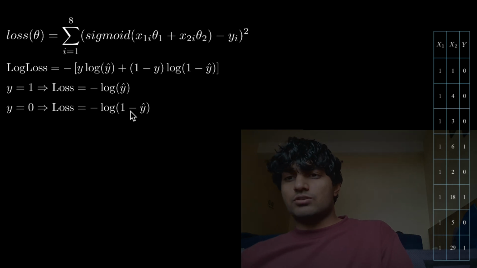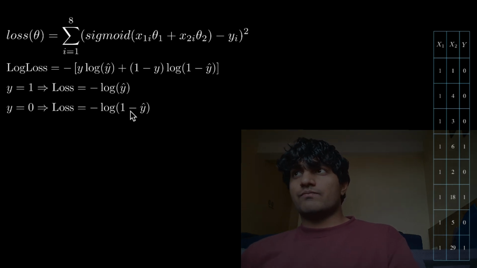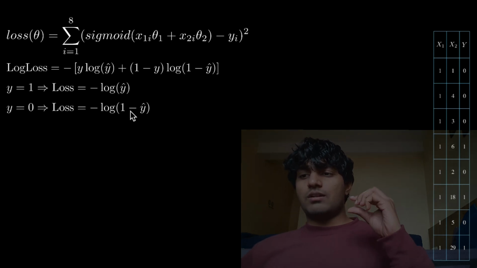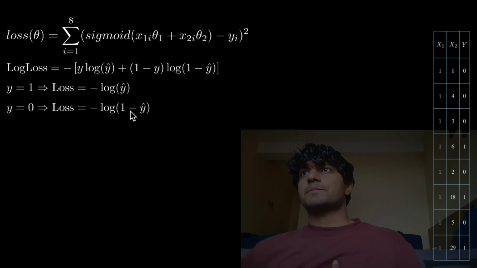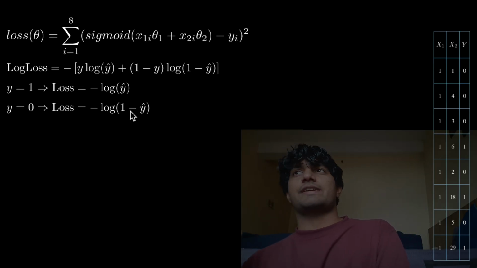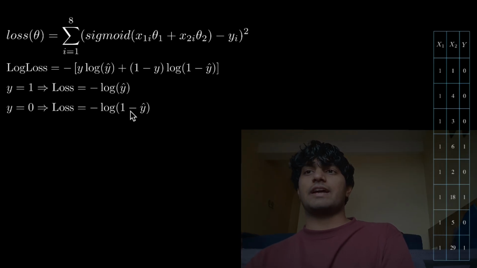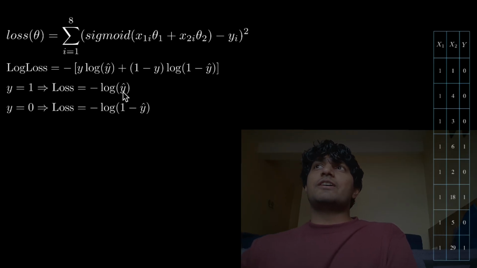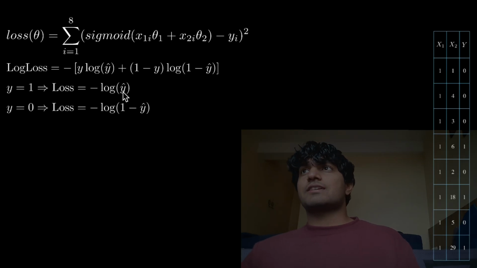It is making sure that the loss is symmetric. Let's say my label was 1 and I got the prediction 0.8. Only 0.2 difference is there, right? So the loss will be log 0.2 only. Same way, if my label is 0 and my result is 0.2, I'm only 0.2 apart.